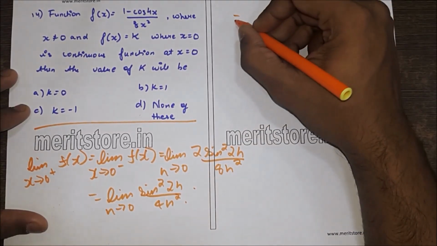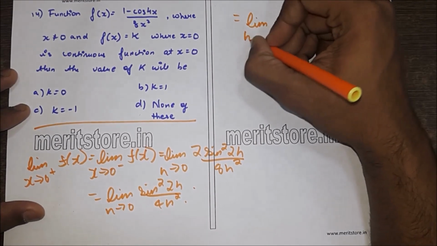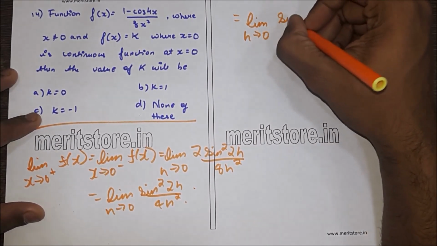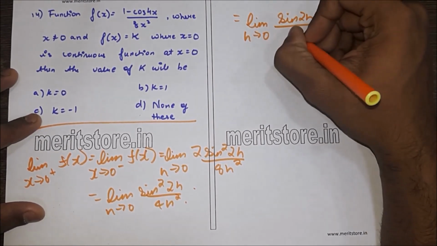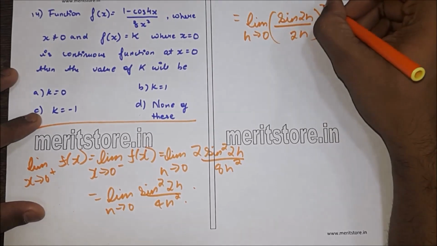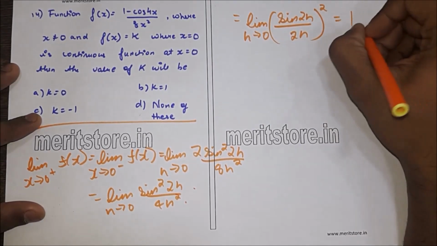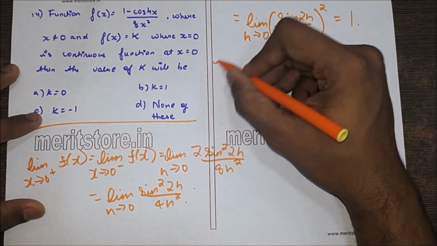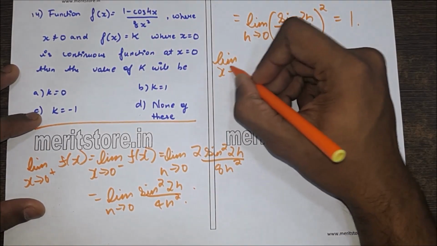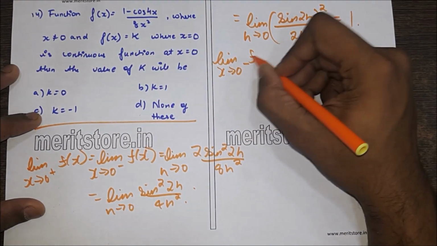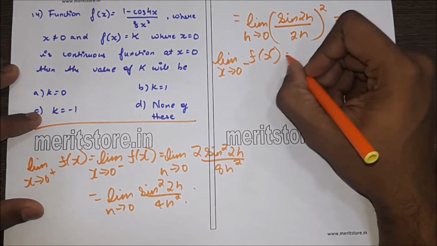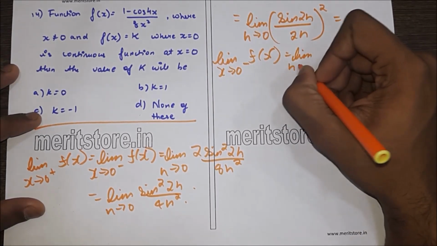Now we could write limit of h tends to 0 sine 2h by 2h the whole square is equal to 1.